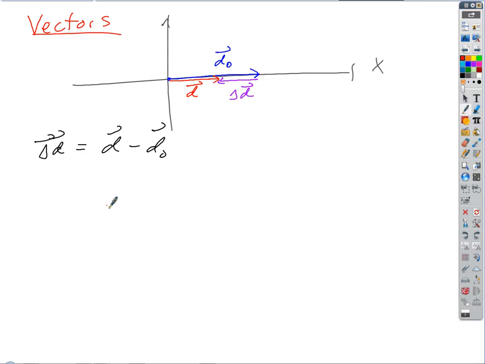So that's going to look like the red vector plus the opposite of my initial position, right? So what's negative d naught going to look like? Instead of being big and positive, it's big and negative, right? So it's going to go back like that, and then that gives us the resultant. If I add those up, well, it works, right?